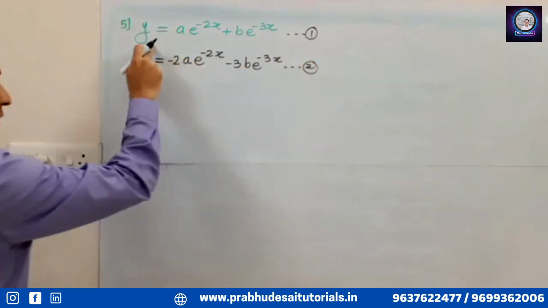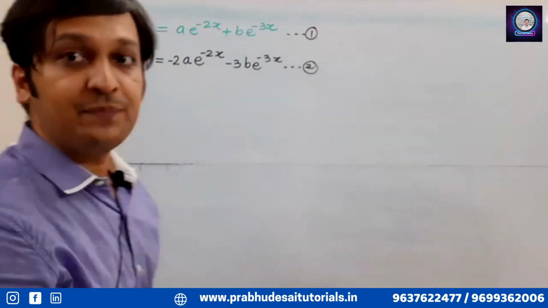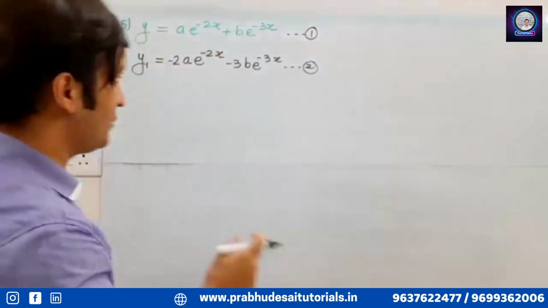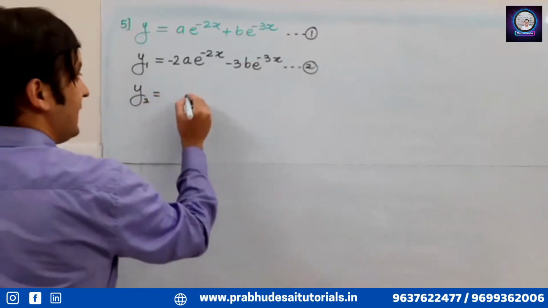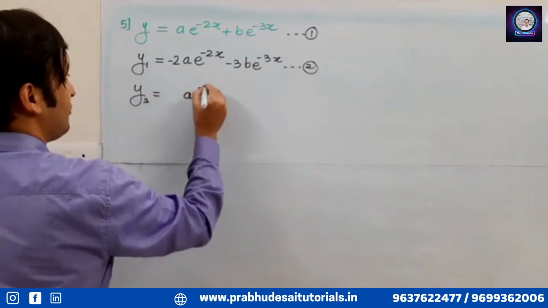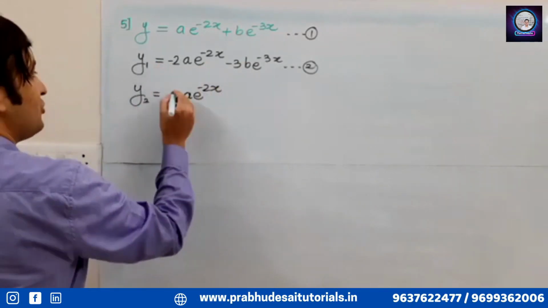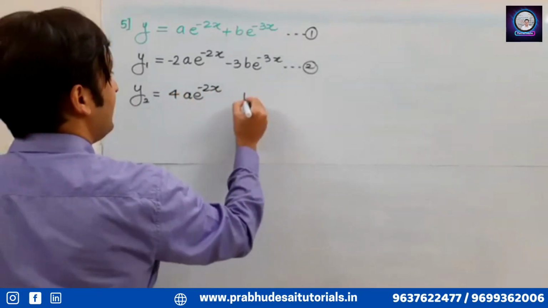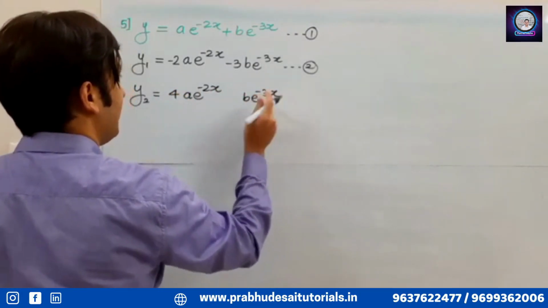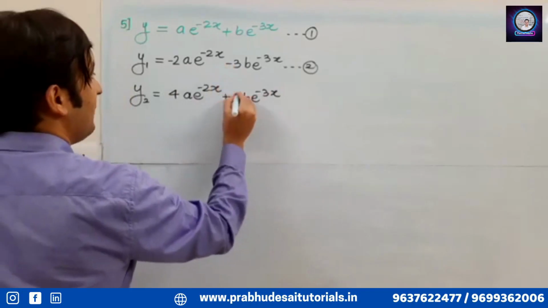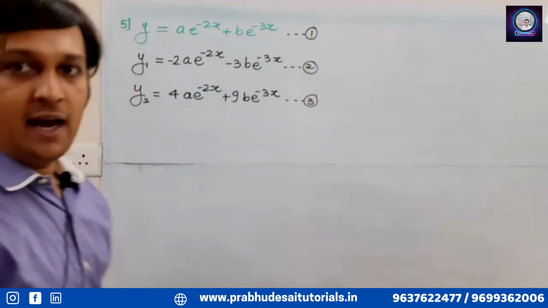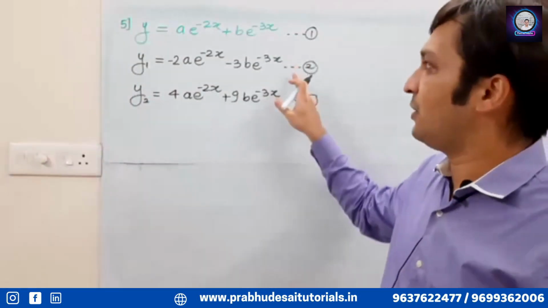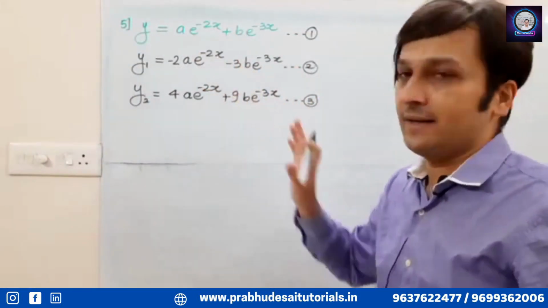Now the second derivative, y2. a as it is, e raised to minus 2x into minus 2 is plus 4. Then b as it is, e raised to minus 3x into minus 3 is plus 9. And this is number 3. I took both derivatives because there are 2 constants, so 2 derivatives.